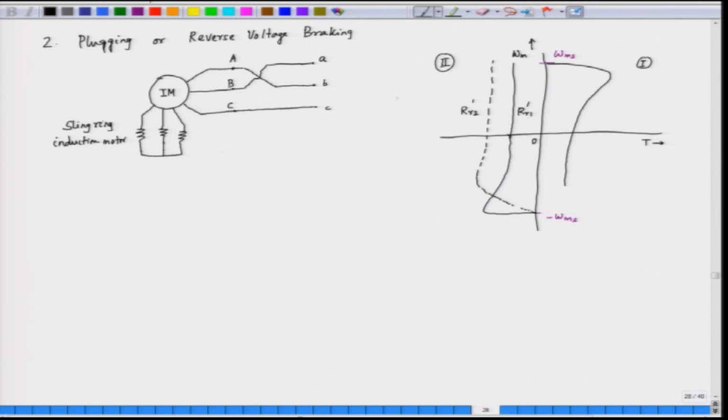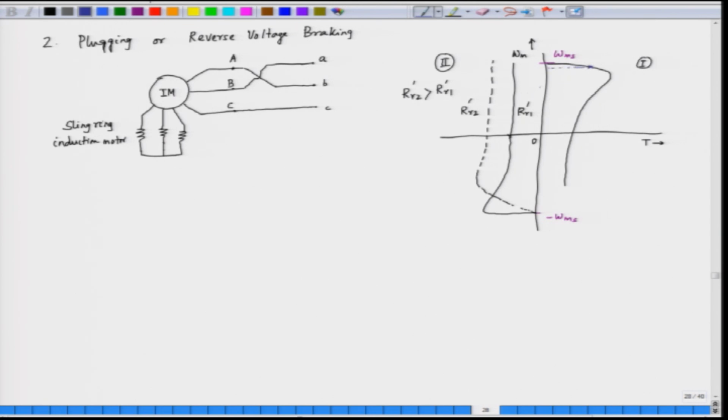In this case, R2 prime is higher than R1 prime. It means when we insert rotor resistance, the characteristic will be different here, and this is shown by the dotted line. Suppose the motor was earlier operating at this speed.